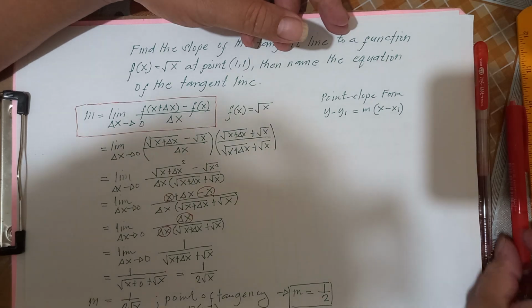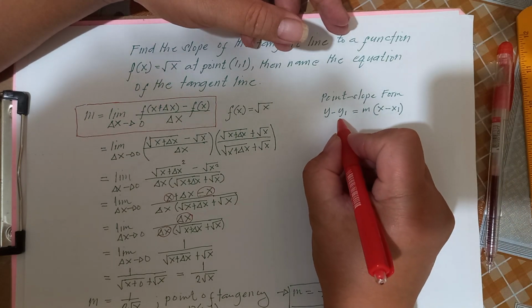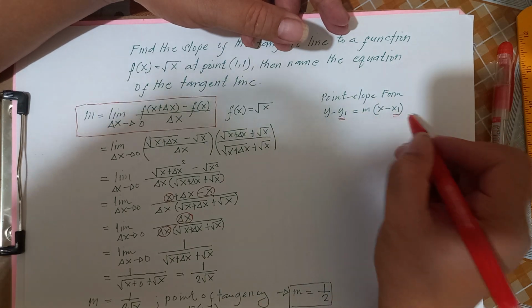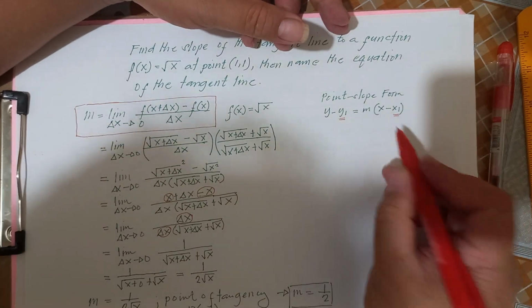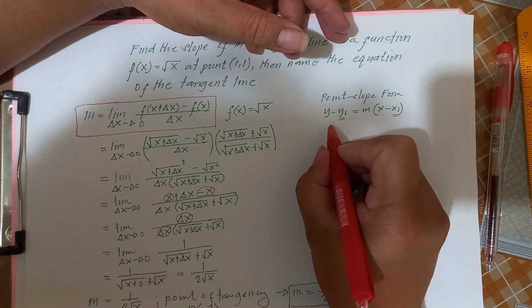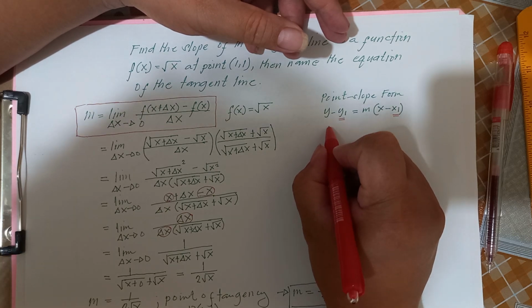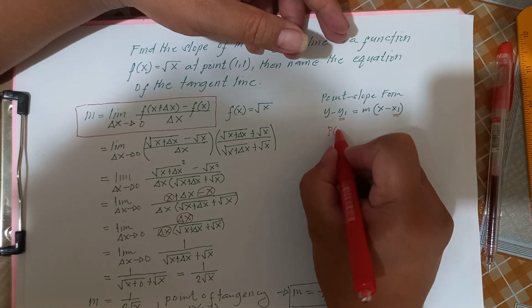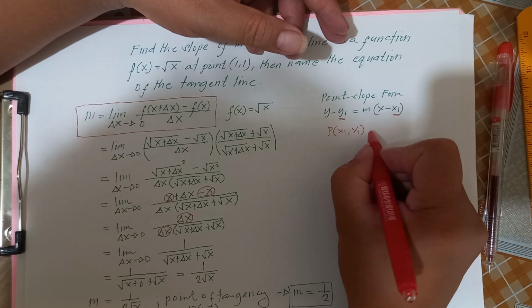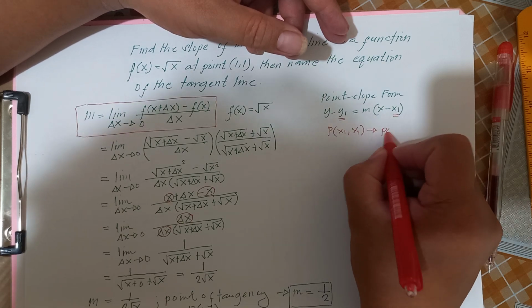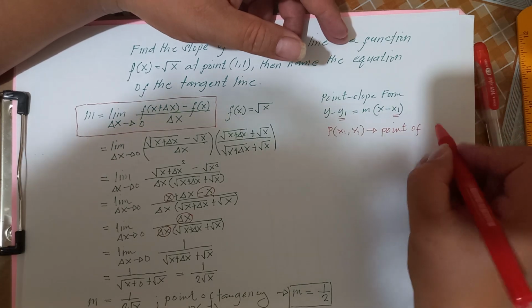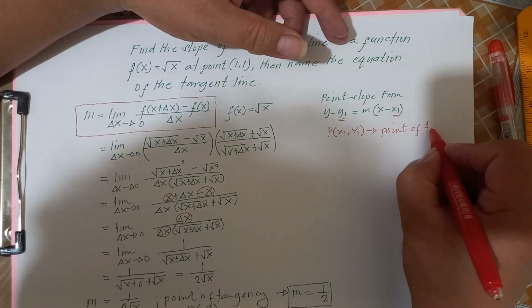Now, you have to remember that what we are talking about in here, x sub 1 and y sub 1, are the coordinates of the point of tangency.